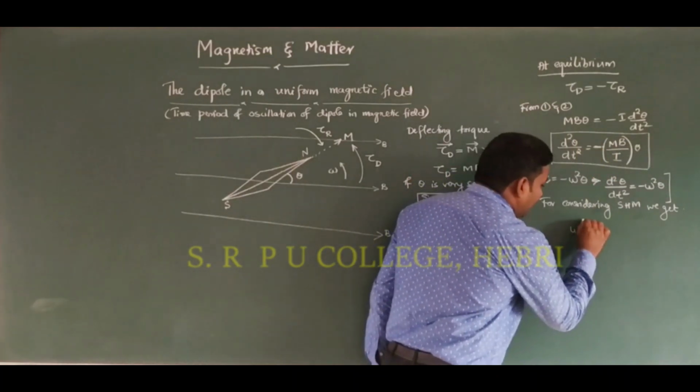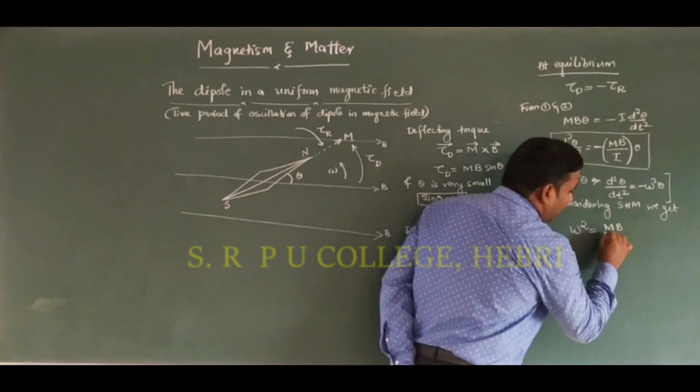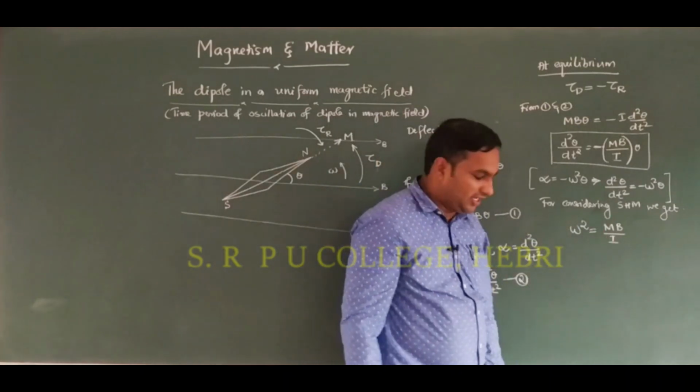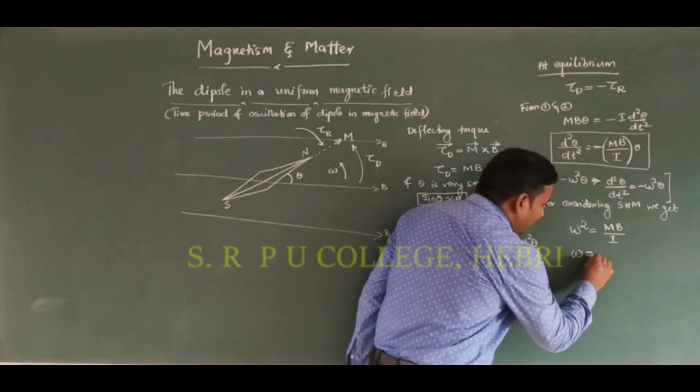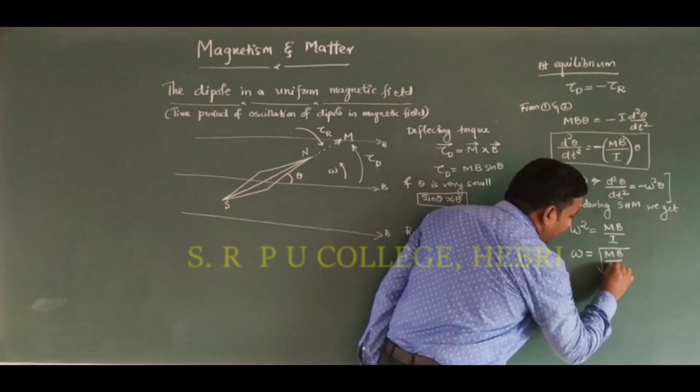We get omega square is equal to MB divided by I. On simplification, omega is equal to the square root of MB divided by I.